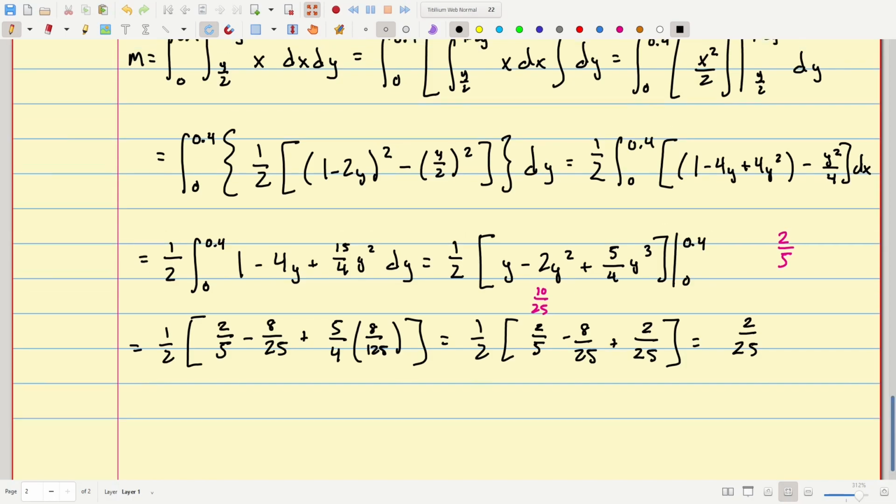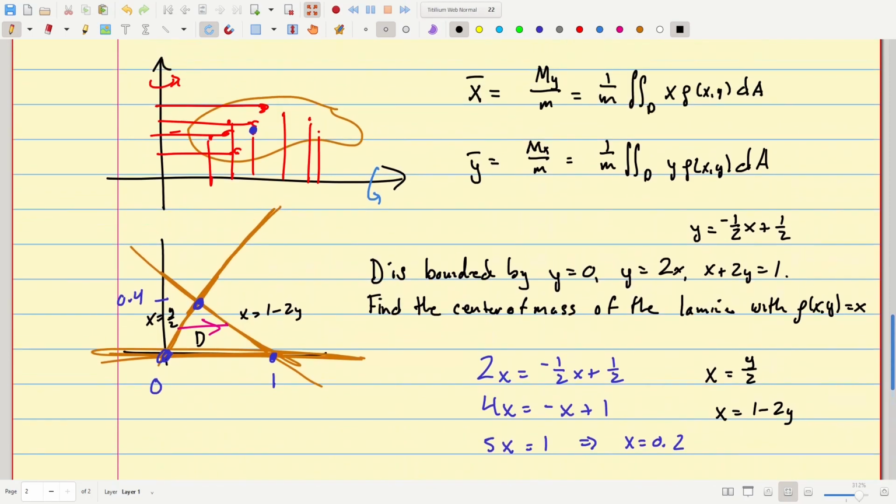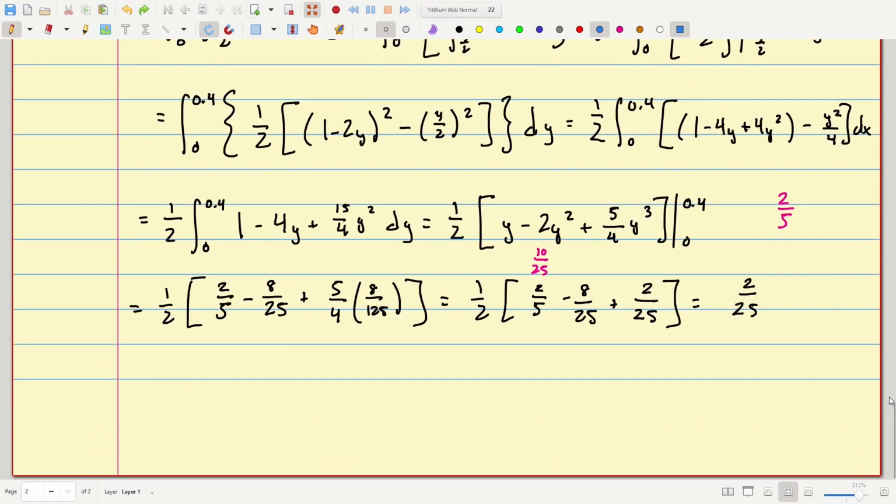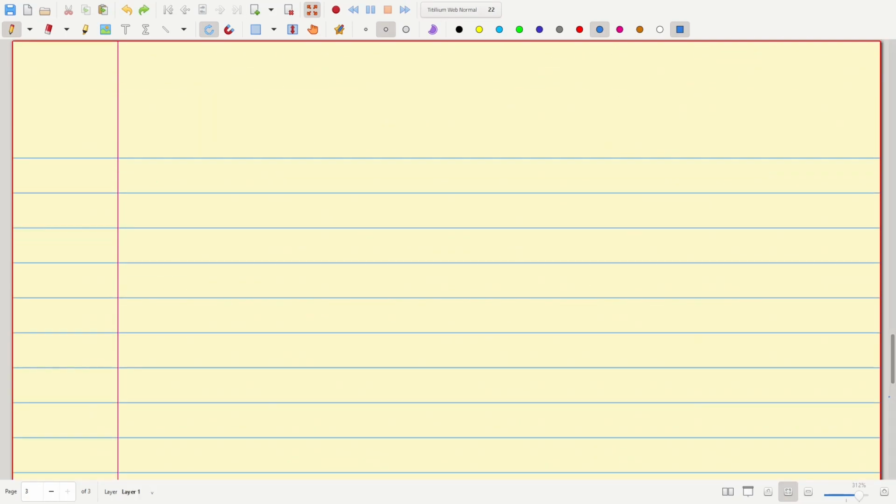Okay, the next step of the problem is, now this is just a number that goes out in front of our integral, and we perform a very similar integral with just a slightly different integrand. So for the next part, if I wanted the x value here, it's just 1 over m times the double integral over D of this.